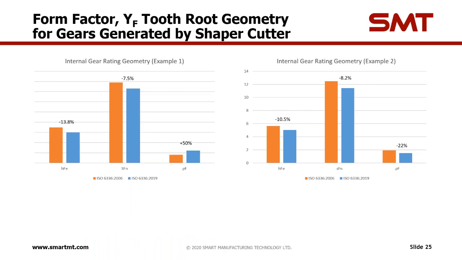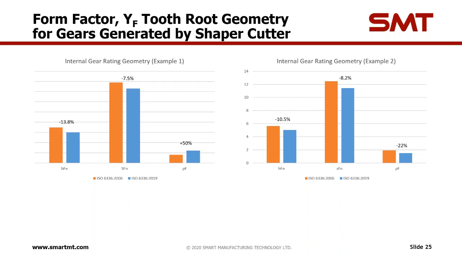So as a result of this, these factors would significantly change as we are actually using the actual root geometry defined by this shaper tool. One thing we would like to reiterate here would be if you have an external gear defined by a shaper tool, this calculation applies to it. However, the examples that we are going to cover here are going to be only for internal gears.